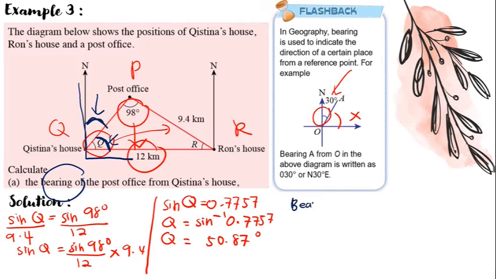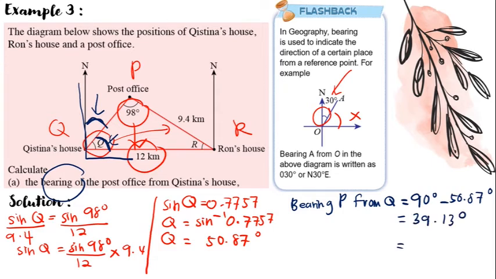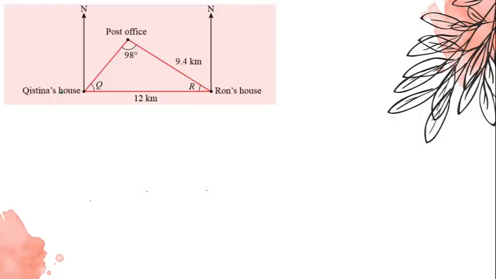The bearing of P from Q is equal to 90 degrees minus 50.87 degrees. So you will get the answer as 39.13 degrees. Or you can also write the bearing as 039.13.